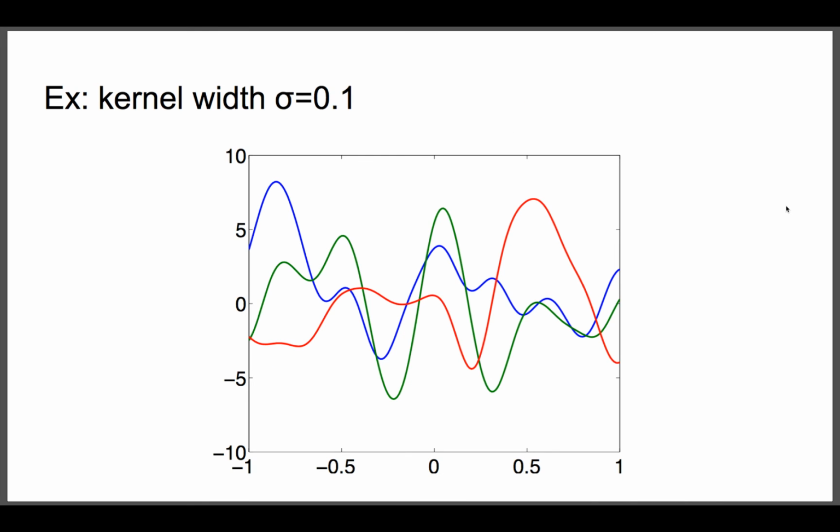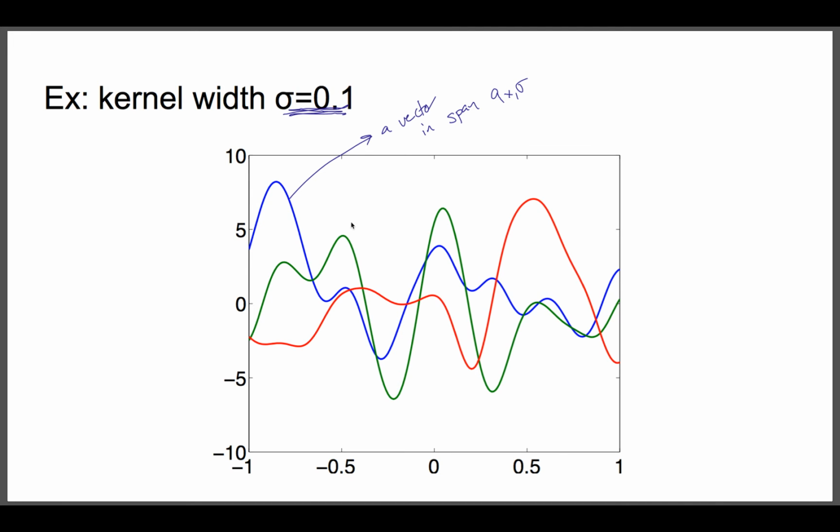So this is just an example of 3 different functions that I can get using sigma equals 0.1. This one is just a vector that's in the span of the functions q sub x comma sigma where sigma is equal to 0.1.